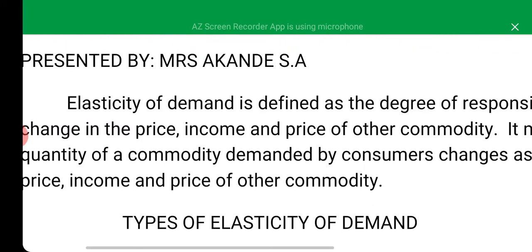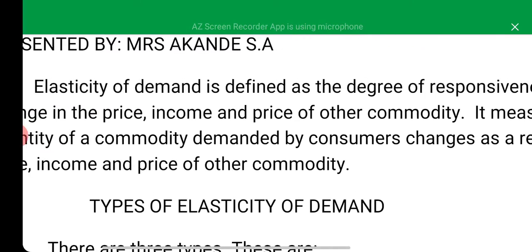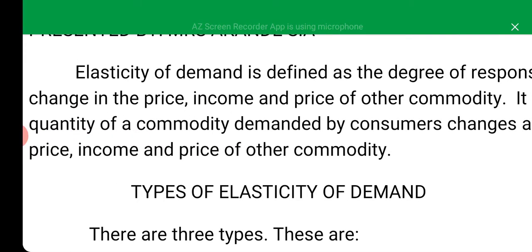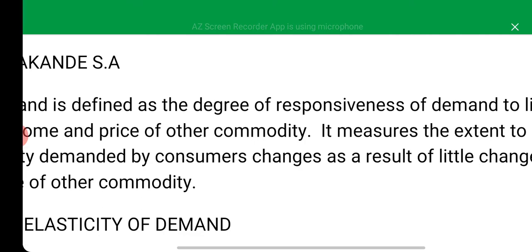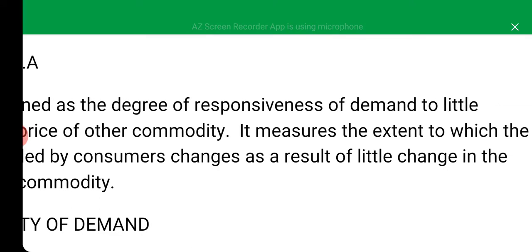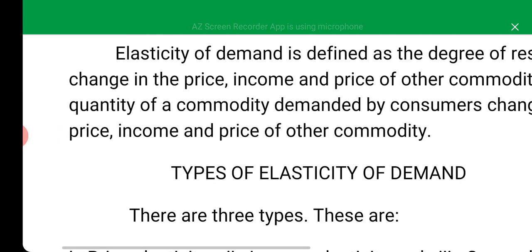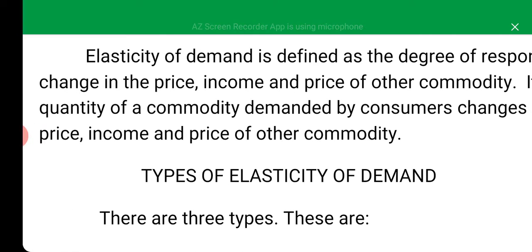Elasticity of demand is simply defined as the degree of responsiveness of demand to little change in price, income, and price of other commodity.